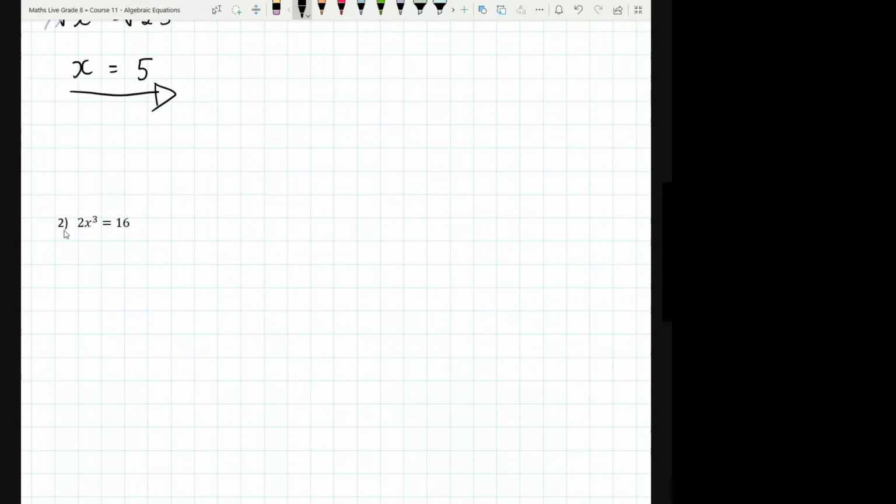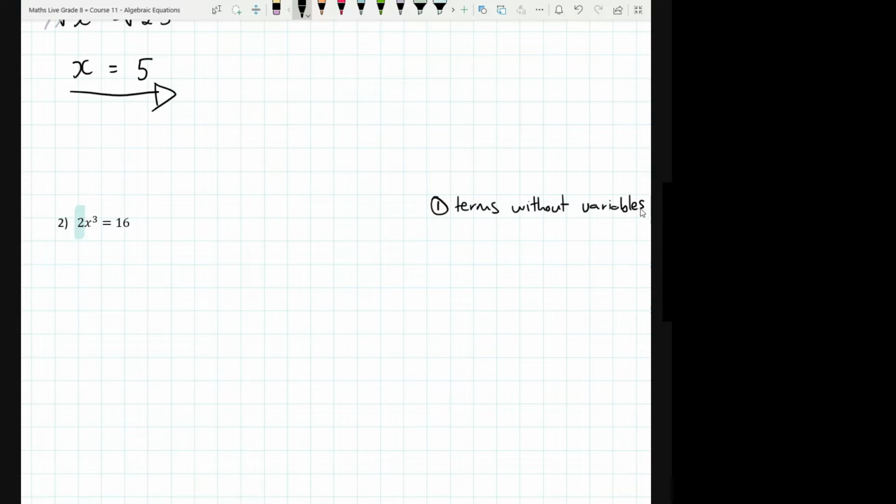Okay, first things first. I want to remove the coefficient. It doesn't show all of my highlighters, but that's okay. So I want to get rid of this coefficient first. Remember, when we have equations, the first thing you're going to want to get rid of is terms without variables. Those are the easiest ones.